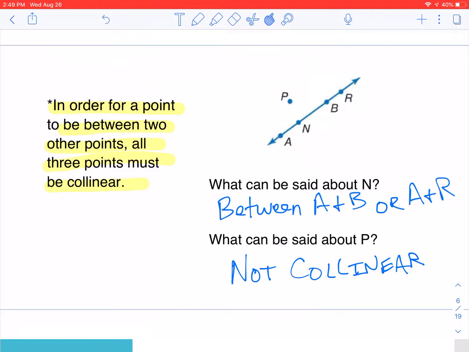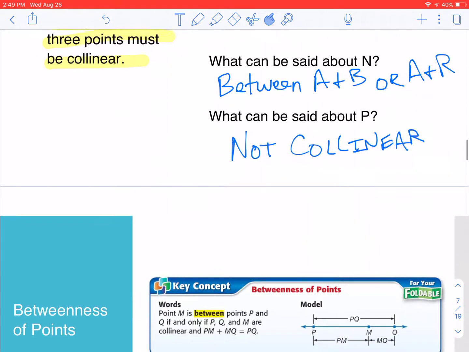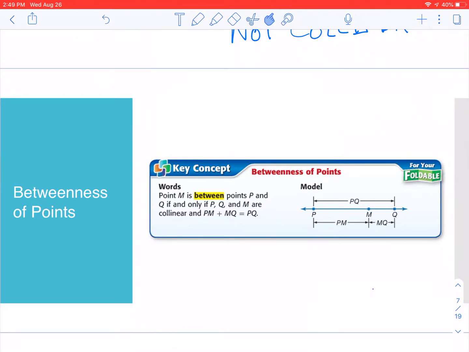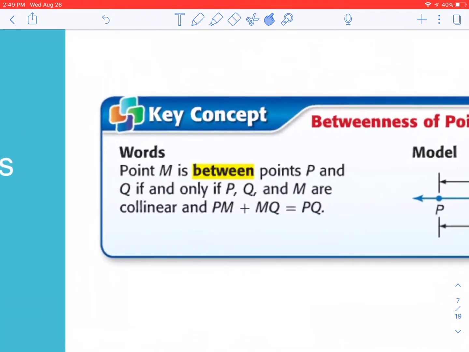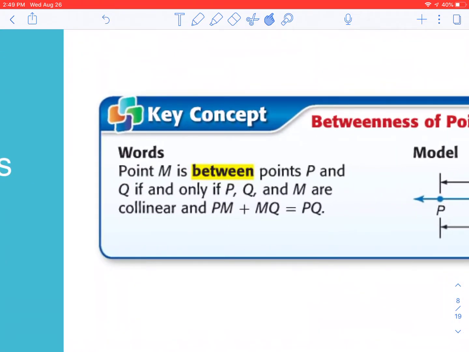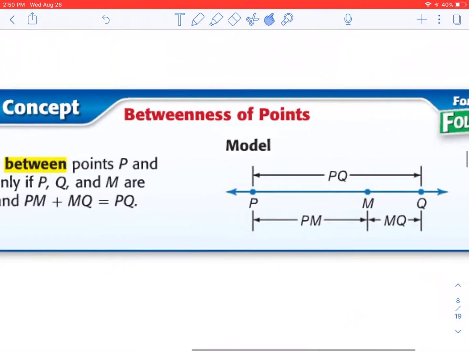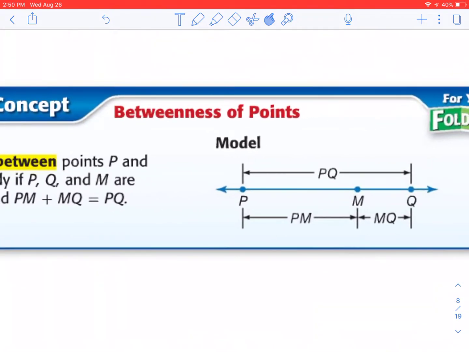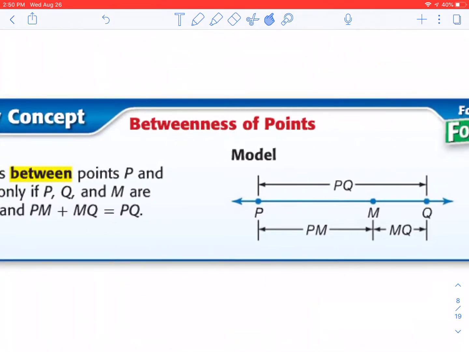Okay, moving on. Here's betweenness. If point M is between points P and Q, if they are collinear, and PM plus MQ equals PQ.